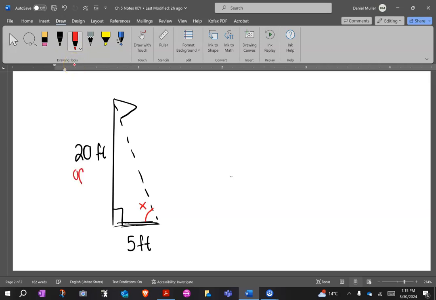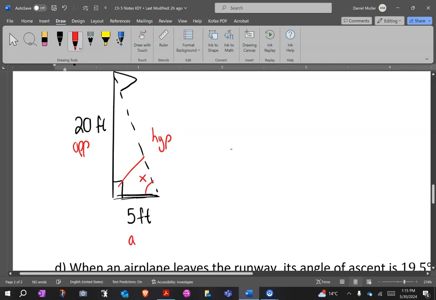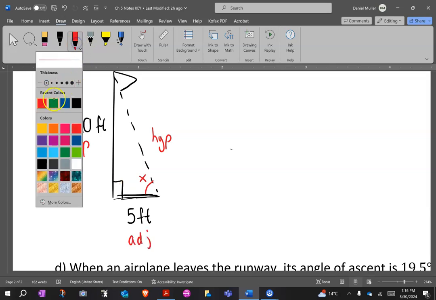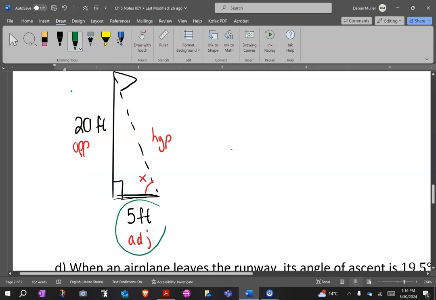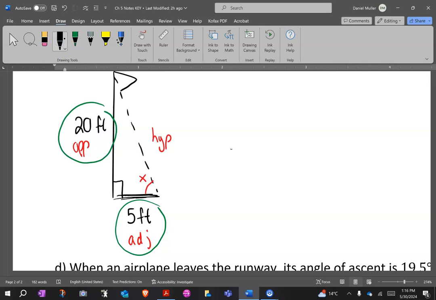But we can label. We've got this as opposite. This one, opposite the 90 degrees, is the hypotenuse. And of course, this is the adjacent. So if I circle what I have, the adjacent, which is 5, and the opposite, which is 20, that is O and A, so that's going to be TOA.